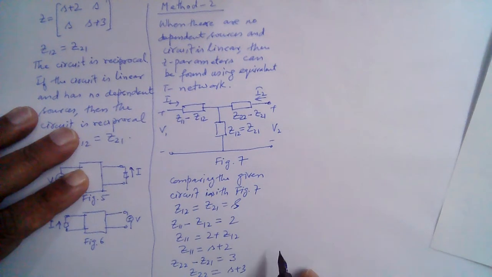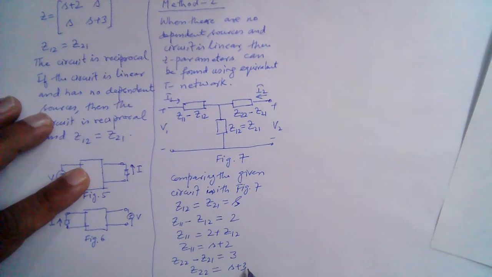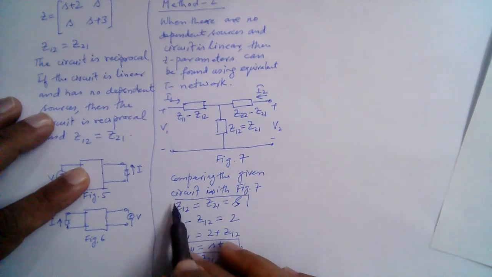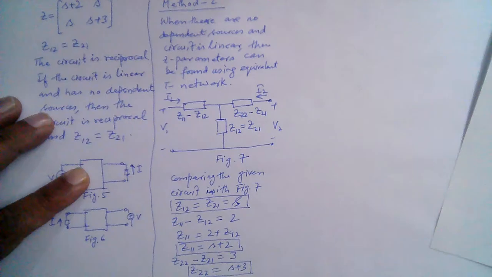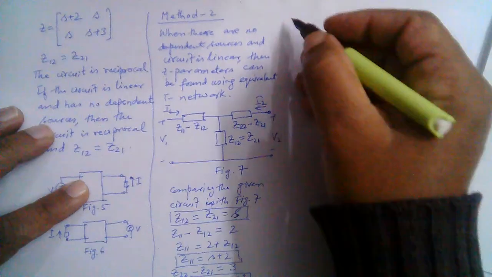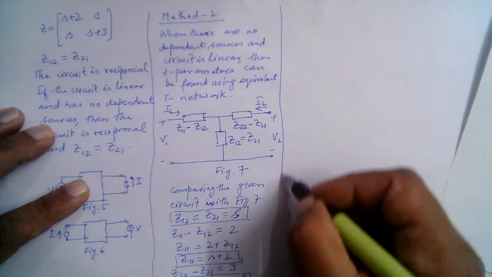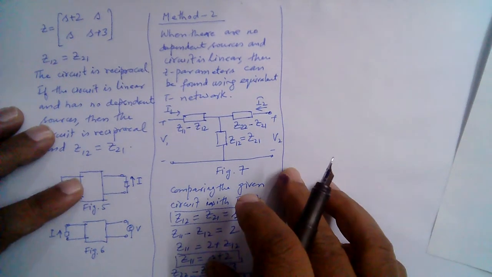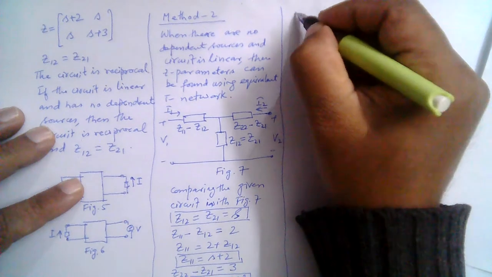We have arrived at the same set of parameters: Z22 is S plus 3, Z11 is S plus 2, and Z12 and Z21 are equal to S. So using the equivalent T-network method, we have found the parameters to be the same as we found earlier.